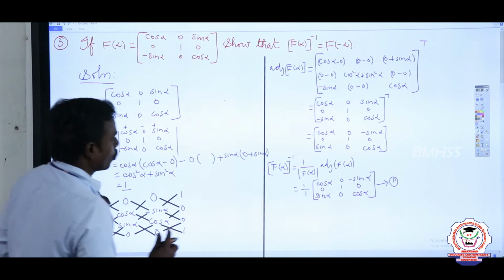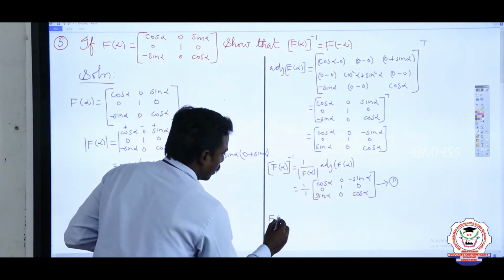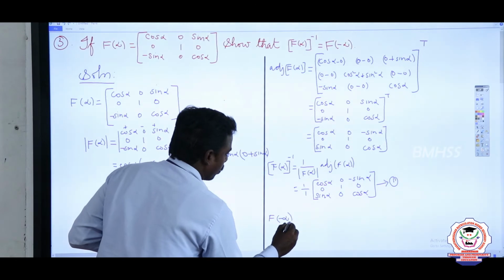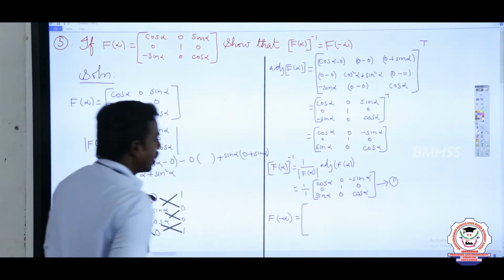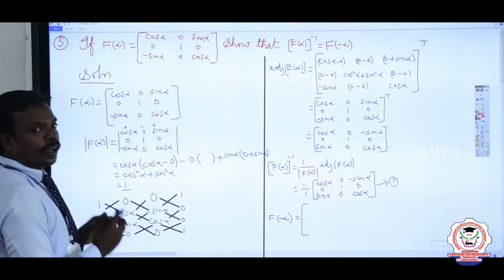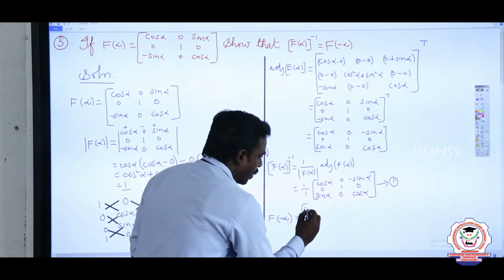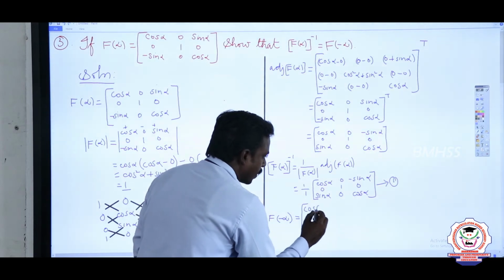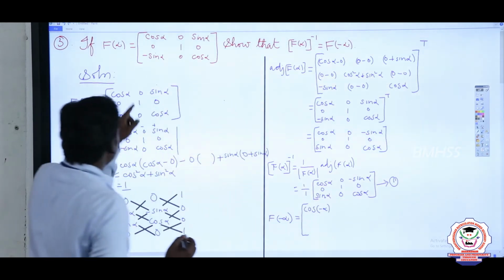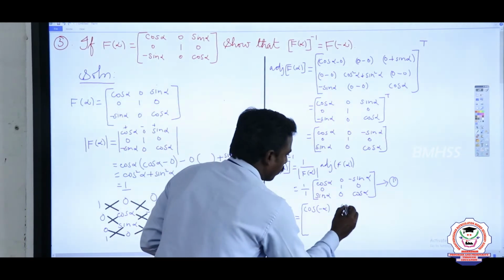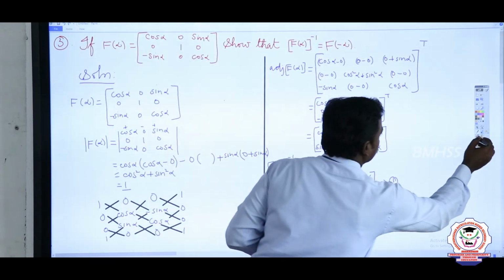In the first row, cos alpha is there, so cos minus alpha should come. Cos alpha changes to minus alpha. The second 0 is there, 0 minus, that is plus.